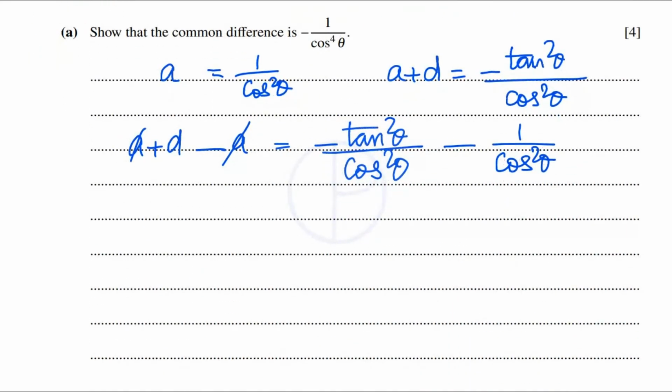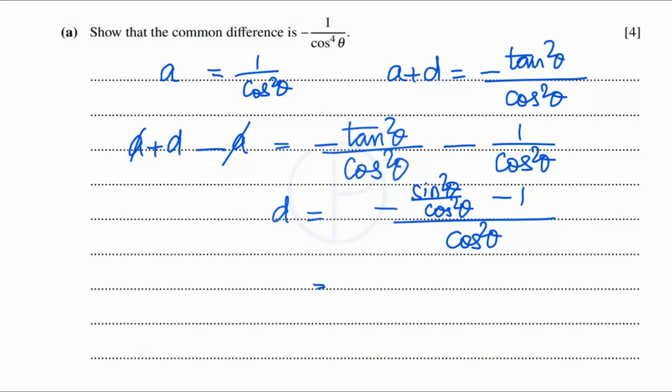You get d. d is equal to minus, let's write tan square theta as sin square theta divided by cos square theta, minus 1 divided by cos square theta.